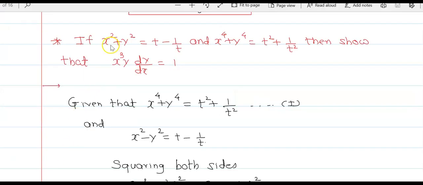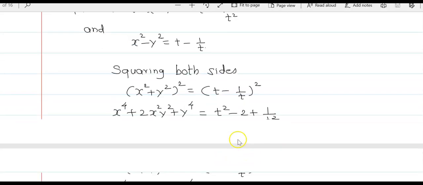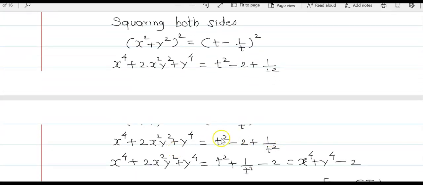Now see this again, x raised to 4 plus y raised to 4 is equal to t square plus 1 upon t square. x square minus y square is equal to t minus 1 upon t, and squaring on both sides, you will get x raised to 4 plus 2x square y square plus y raised to 4 is equal to t square minus 2 plus 1 upon t square.